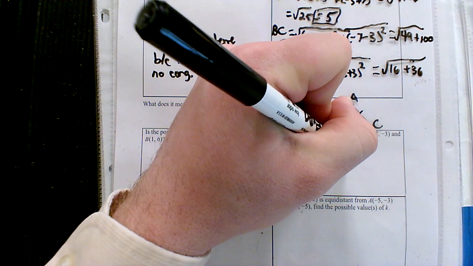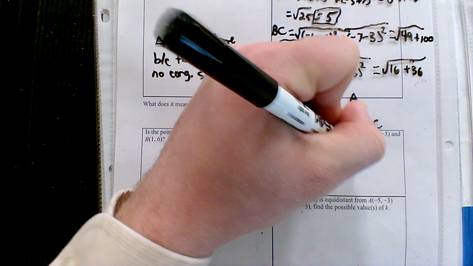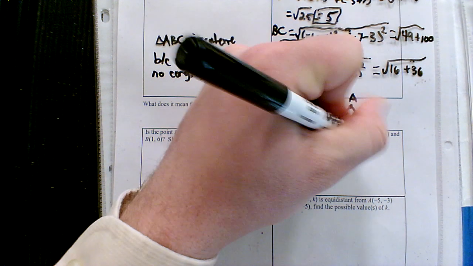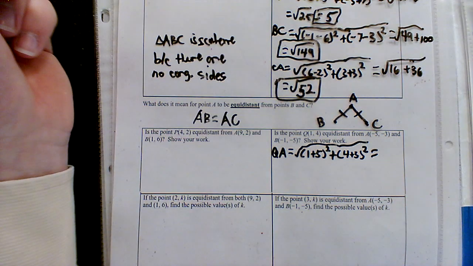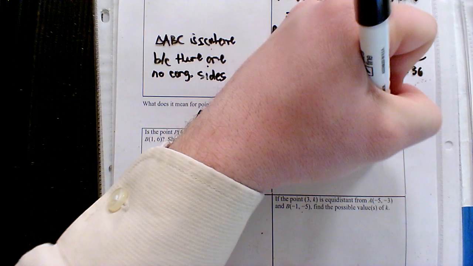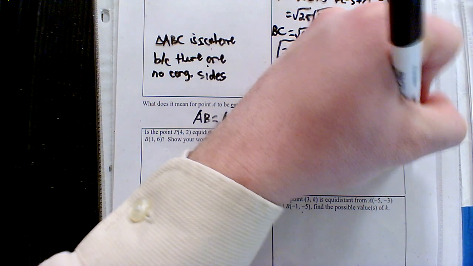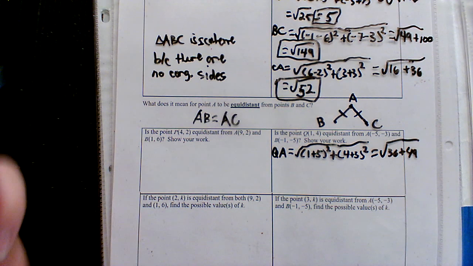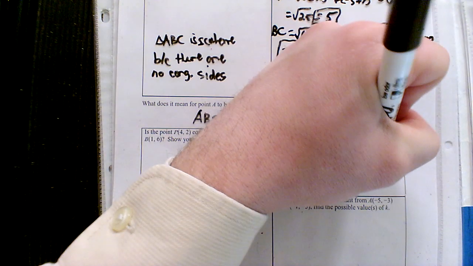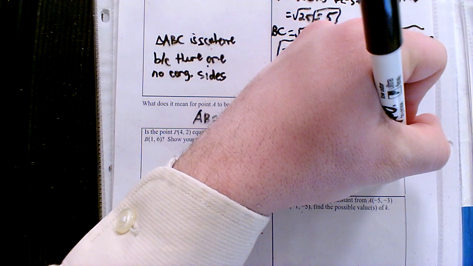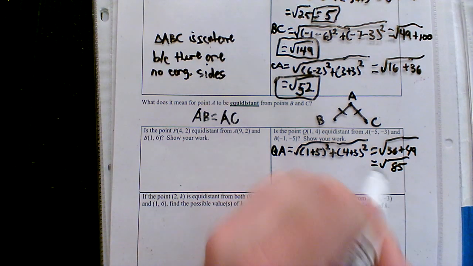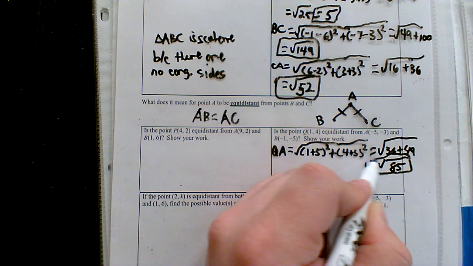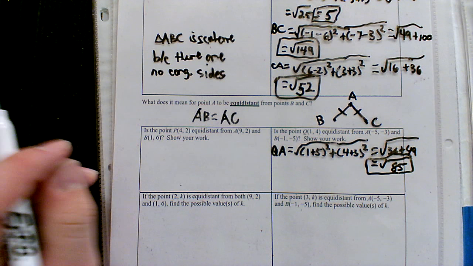So 4 minus negative 3, so that becomes 4 plus 3. Six squared is 36. 7 squared is 49. Square root of 85. And we'll just leave it there. So we know this side is square root of 85.